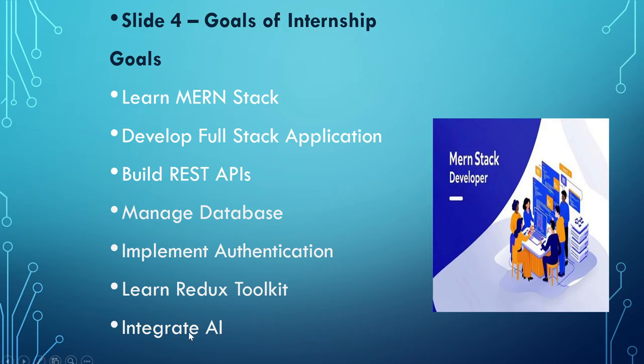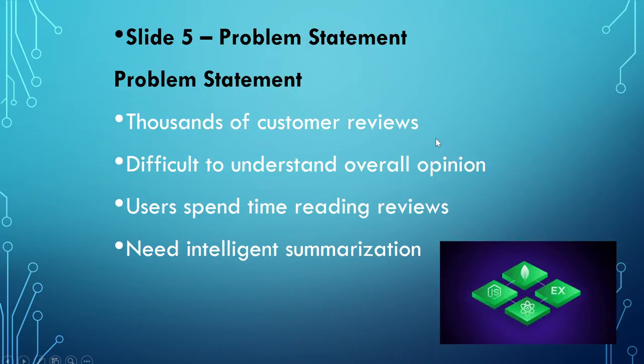Let's move toward the next slide, that is the problem statement. Now, we know that food delivery platform services receive thousands of customer reviews every day. Although the reviews help the customers make decisions, reading every review is time consuming. Many customers only want to know whether the restaurant is good, what dishes are recommended, and whether the service is satisfactory.